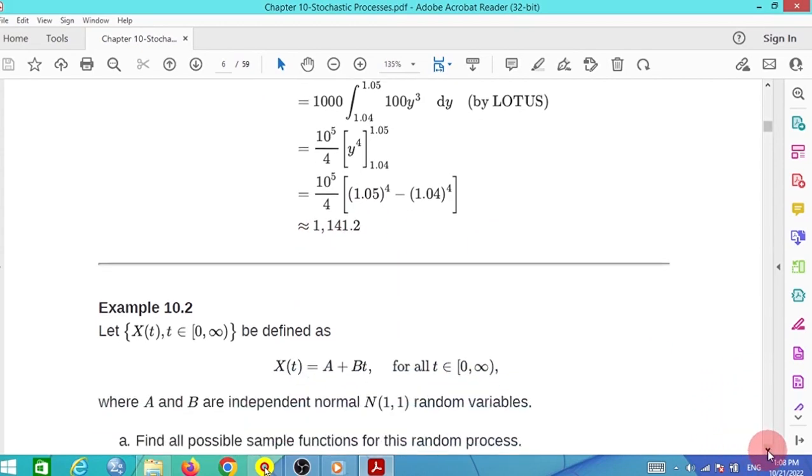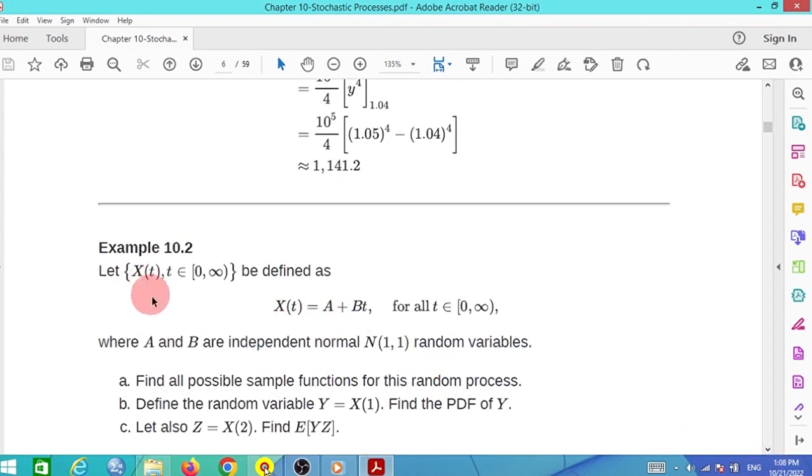Another example: let X(t), t belongs to this interval defined by this notation. This is a random process. Suppose A and B are independent normal distributions with mean 1 and variance 1.